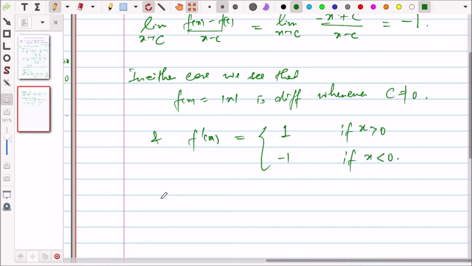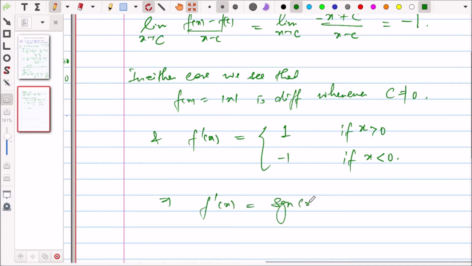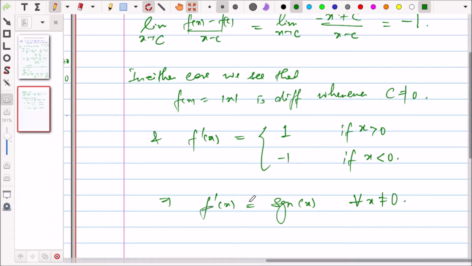So this implies f'(x) is equal to signum function of x for all x not equal to 0, right? Yes. f'(x) is equal to signum function of x for every x not equal to 0.